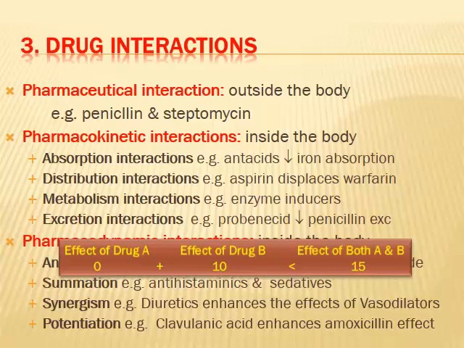However, this second drug completely lacks effectiveness when given alone. The best example is using clavulanic acid to potentiate the antibacterial effect of amoxicillin. This occurs because clavulanic acid protects amoxicillin from the destructive effect of the beta-lactamase bacterial enzyme.